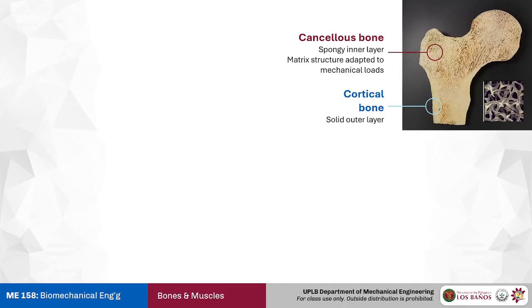We call this the cancellous bone, or in some circles, trabecular bone. The unique thing about this is that it has fibers that orient themselves towards where the stresses flow, quote unquote, through the bone. So this is kind of an adaptive inner layer that helps the bone bear some weight.